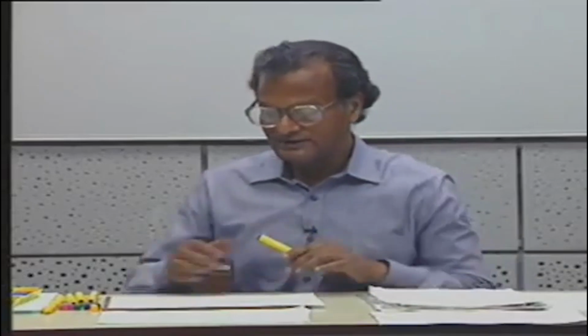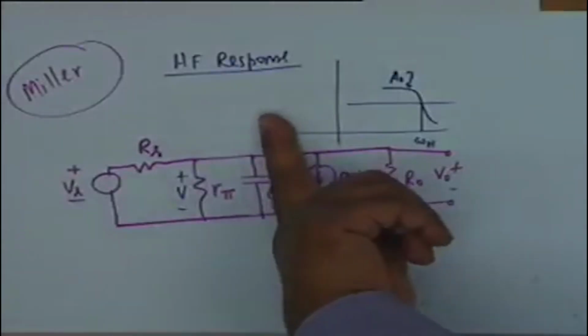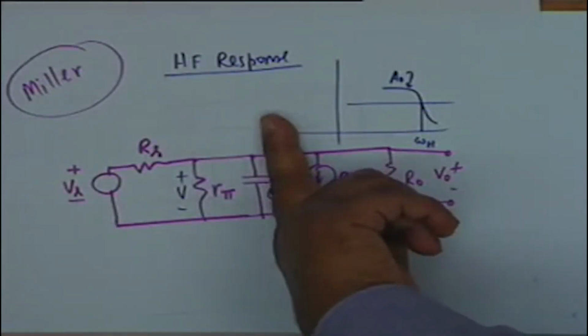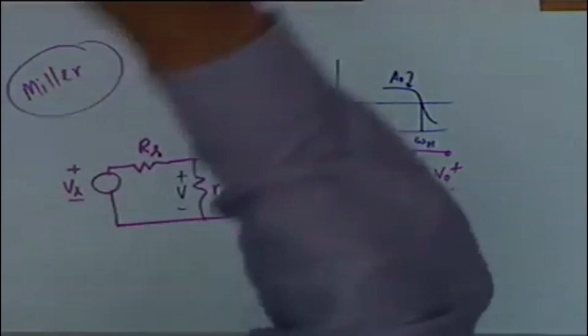You see, previously in our mid band as well as low frequency, C mu was not there. And analysis was absolutely by inspection, common sense, nothing else. No node analysis, no loop analysis, nothing. You just looked at the circuit and wrote down the expression. With this, you cannot do this.